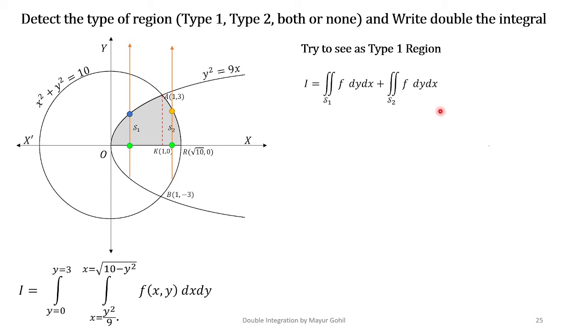Okay, so now I label these two integrals as I1 and I2 with the notation followed. So now obviously here you can see that I1 is the first double integral over the region S1, and I2 is the second double integral over the region S2. It's clear.